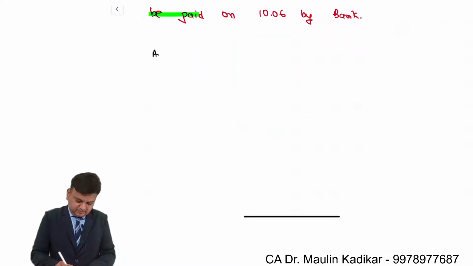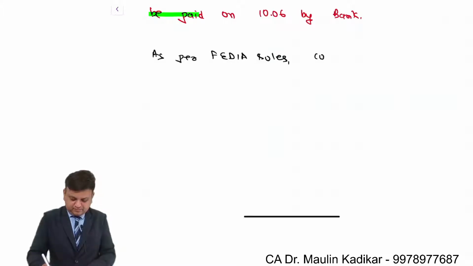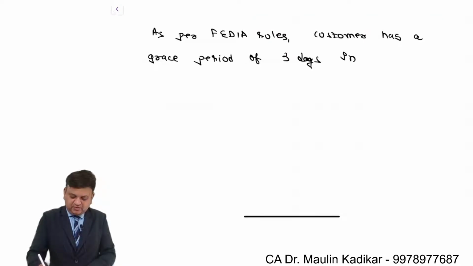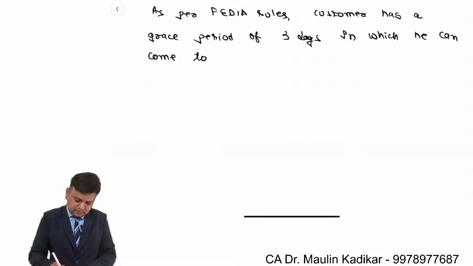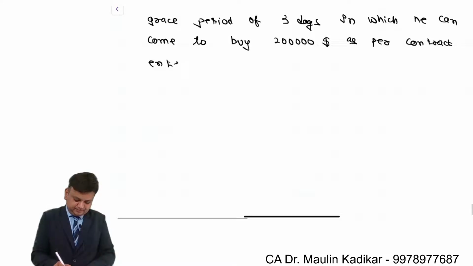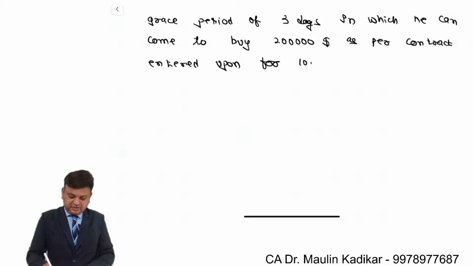With paragraph write down, as per FEDAI rules, customer has a grace period of 3 days in which he can come to buy 2 lakhs dollar as per contract entered upon for 10th of June.